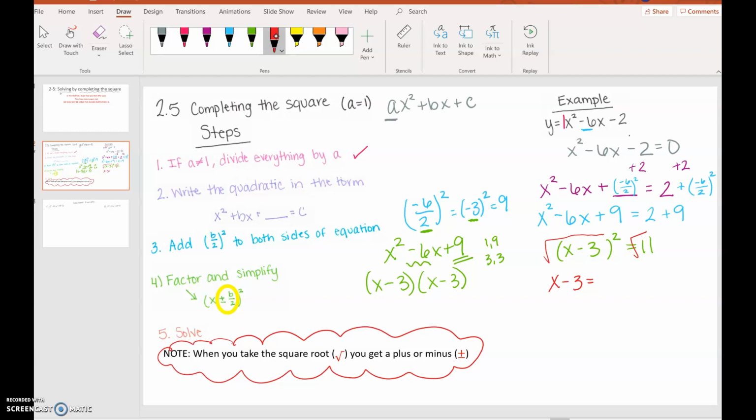But on this side, this could be a positive or negative 11. So then with that, we have to solve it 2 different times. So we can have x minus 3 equals that positive 11, or we could get x minus 3 equals that negative 11. So again, we took the square root to get rid of this squared here. And when you take the square root, you get a positive and a negative.